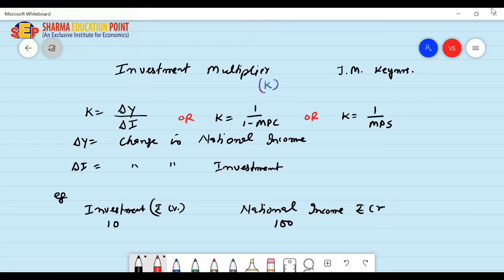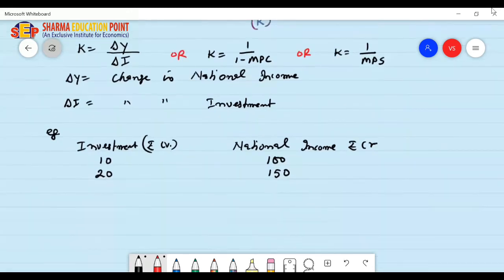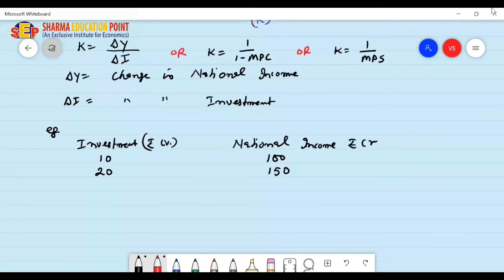Now we increase investment to 20. It was initially 10, now increased to 20. As a result, national income increases to 150. So what will be the value of investment multiplier?